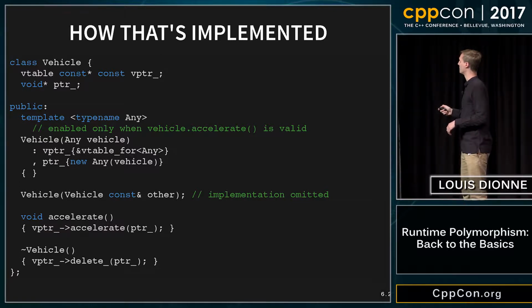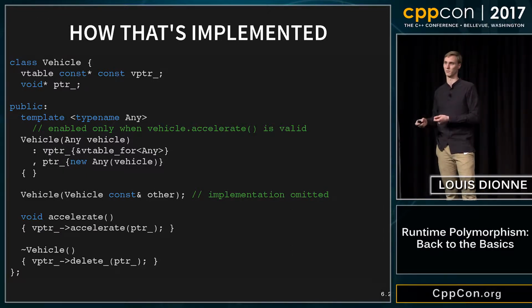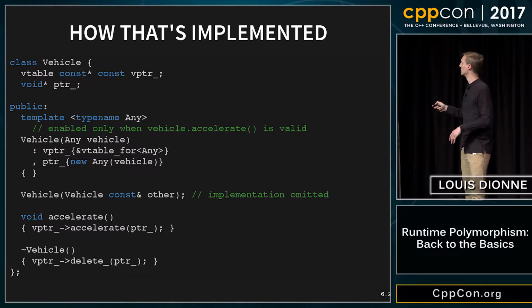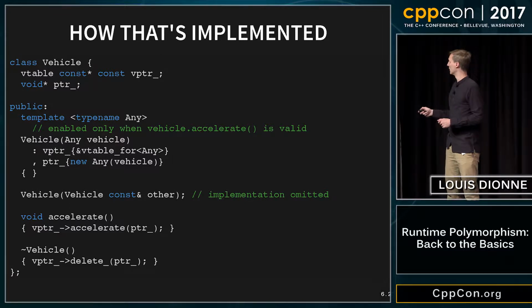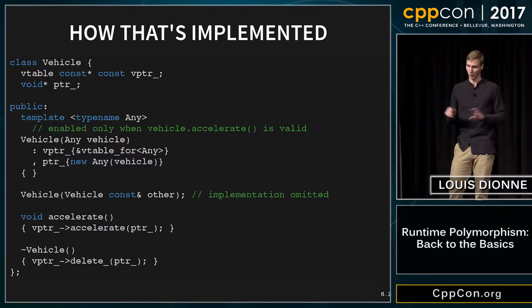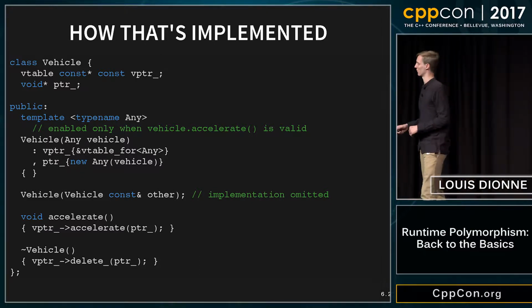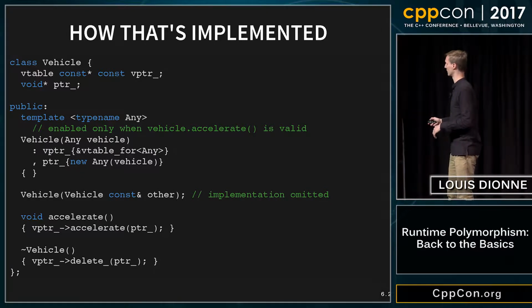And then I copy my vehicle. I copy, let's say the car or the truck or whatever it is, and I keep my pointer to it. I'm also going to skip the copy constructor implementations. There's already enough stuff to cover, but they're easy to implement.